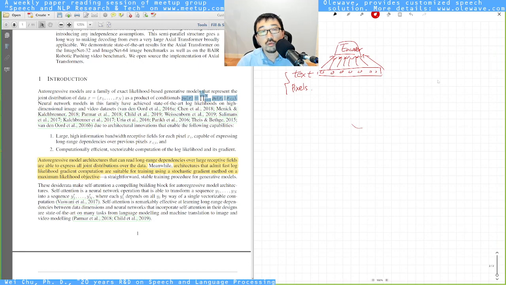And also, I work on speech, so you can see that this could be raw audio samples too, right? Or, if you do a short-time Fourier transform, you get a filter bank sequence.